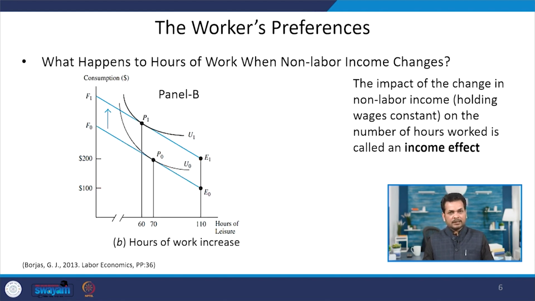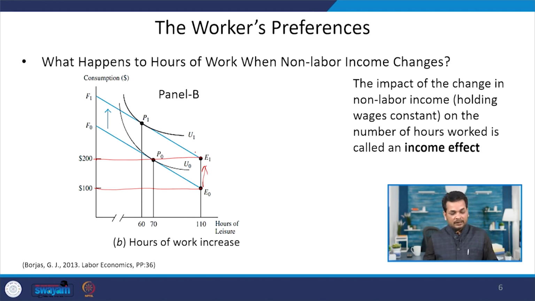If you look at this graph, the non-labor income has again increased from 100 to 200. Now the endowment point has moved from point E0 to point E1.